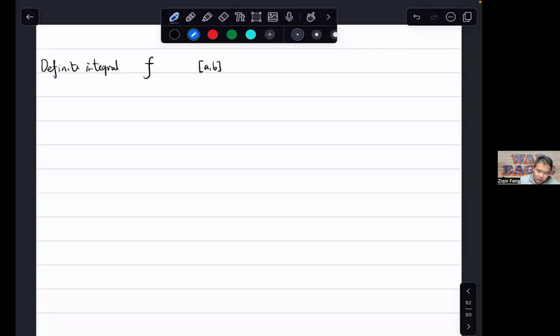Let's just look at the x-axis, from a to b. You have a function over the interval. What you do here is divide your interval into n subintervals evenly: x0, x1, x2, and so on.